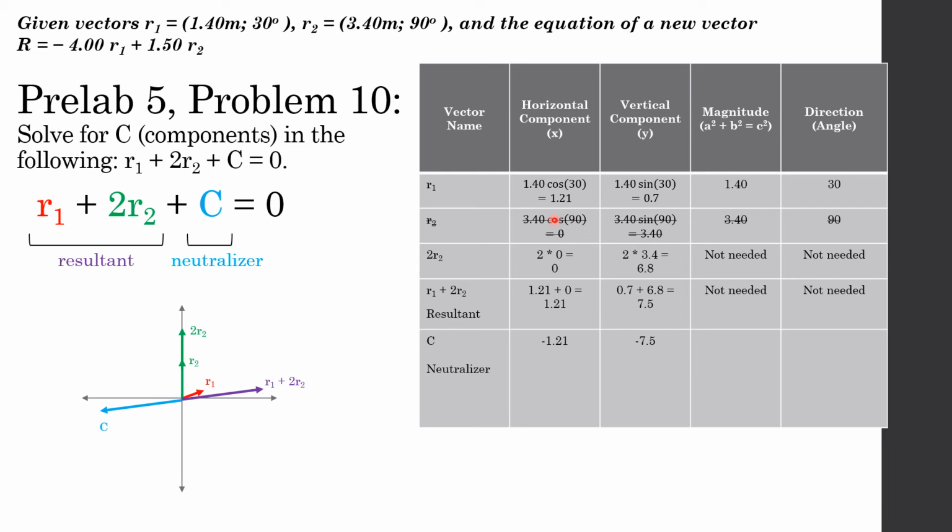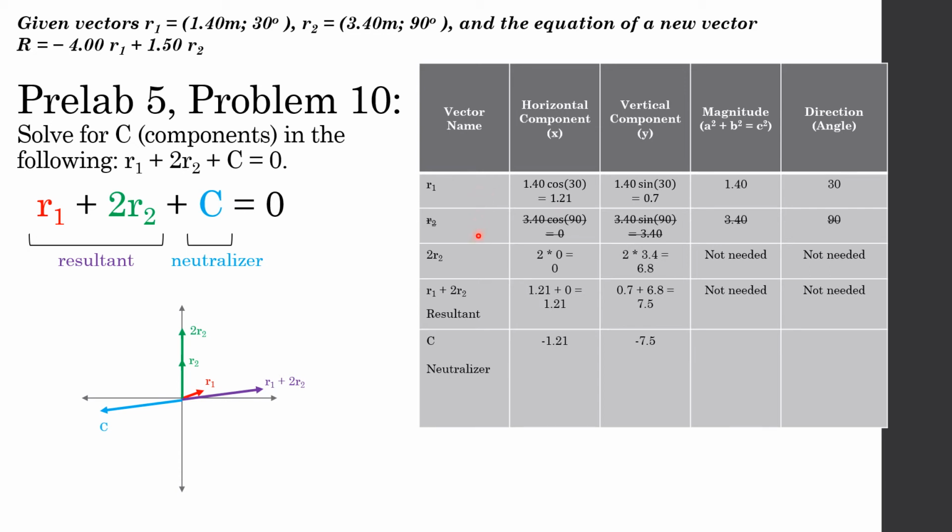You'll also notice that for R2, I put a strike through it because I wanted to make sure that I didn't use that row, because you'll notice that we want 2R2, so 2 times the components of vector R2.